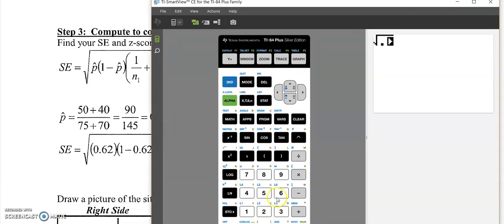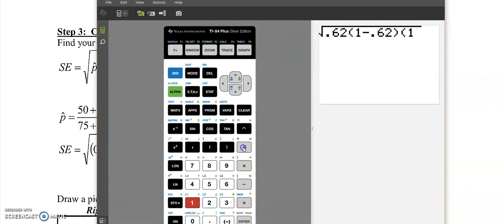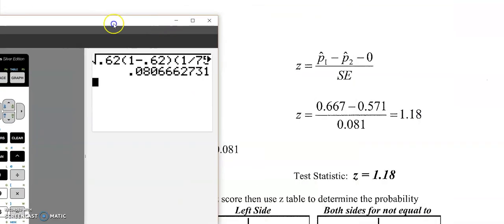We're going to do 0.62 parenthesis 1 minus 0.62 close parenthesis, open parenthesis, 1 divided by 75 plus 1 divided by 70. We're going to close the parenthesis, hit enter, and make sure you get 0.08, let's say 1, depending on how much you round it off.